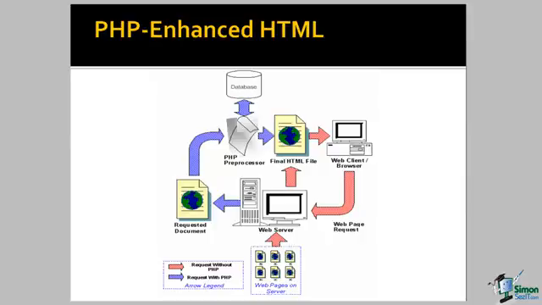In contrast to that, with PHP-enabled web pages, when a user requests an HTML file, a website file, from our server, the server then reads or interprets the PHP code that's embedded within our HTML files, and does something. It may request data from a file on the server. It may request data from a database.